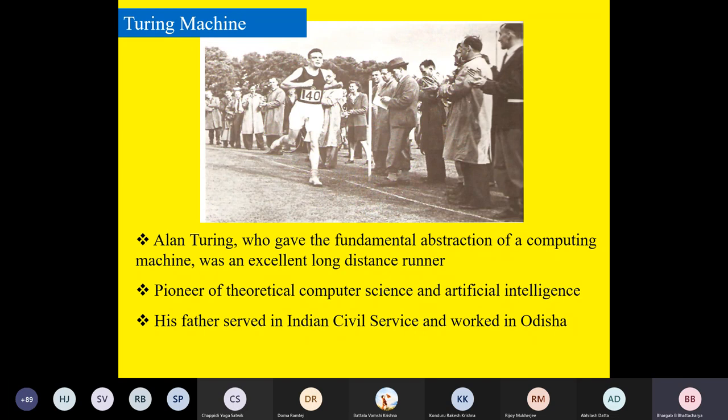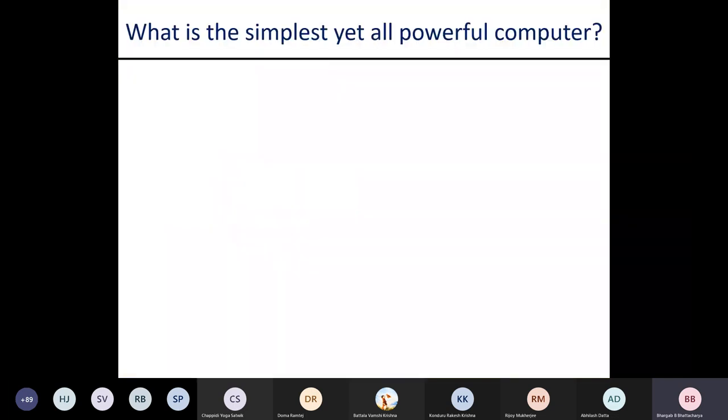Well, so what is computability? Let me touch upon it very quickly. What is the simplest yet all-powerful computer? We want to conceive a computing machine which should be able to execute an algorithm. By algorithm, we mean some well-defined pen and paper methodology, which given some input would produce output and would terminate.